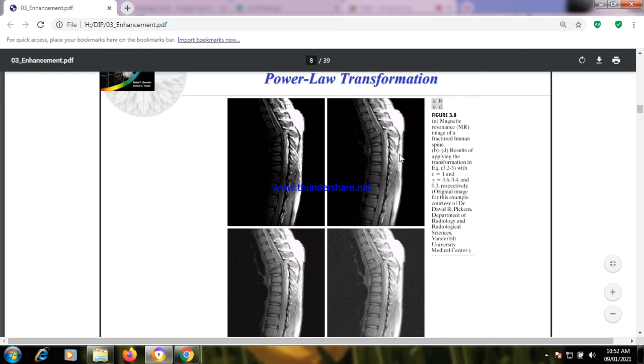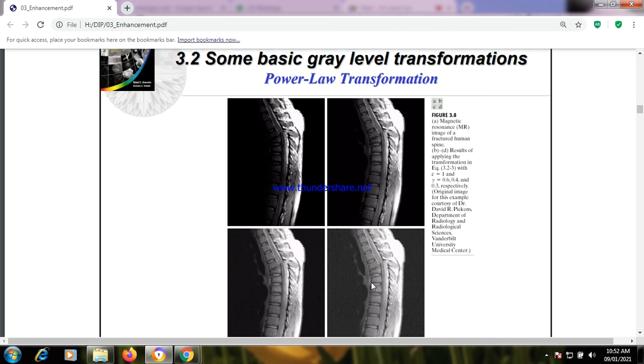So in figure B, what is the value of gamma here? It is 0.6. Whereas in case of figure C, it is 0.4 and in case of your figure D, it is 0.3. Means by varying the gamma, right, you can get the image with the different clarities.